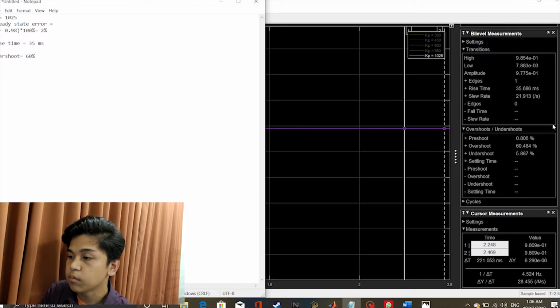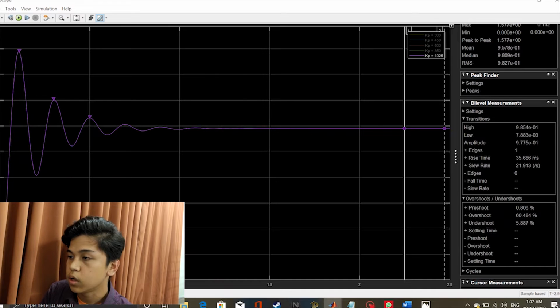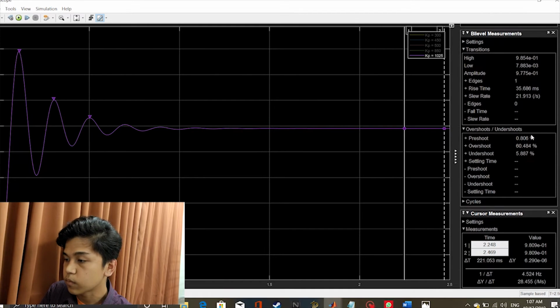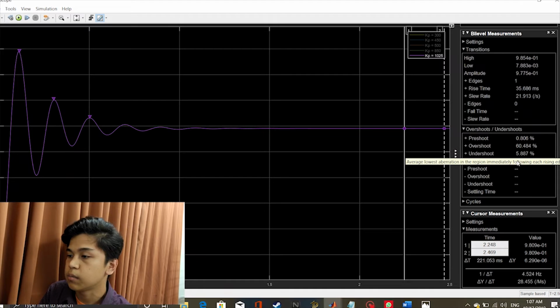Next, the rise time we can get from the output is 35 millisecond. And lastly, the overshoot is equal to 60%.